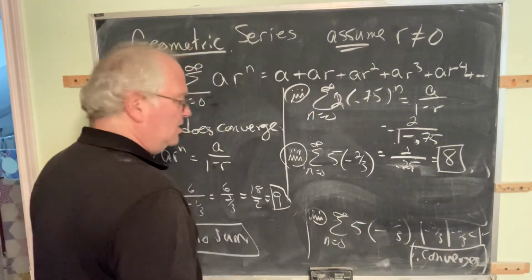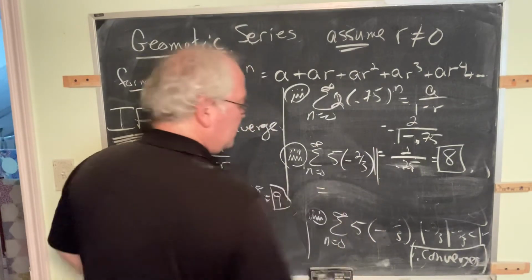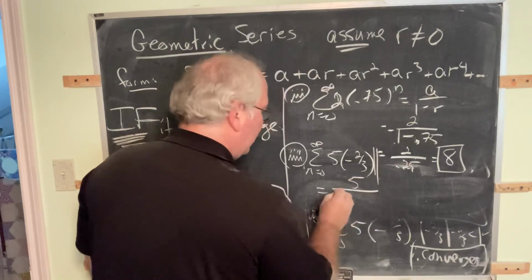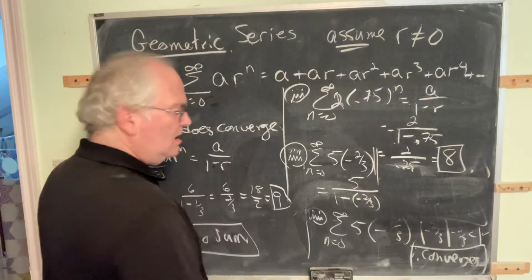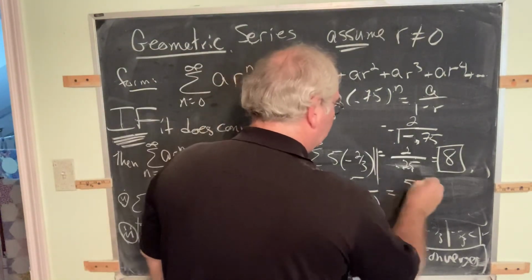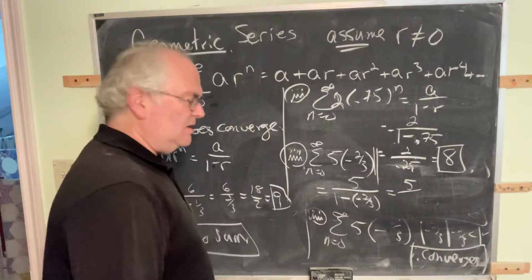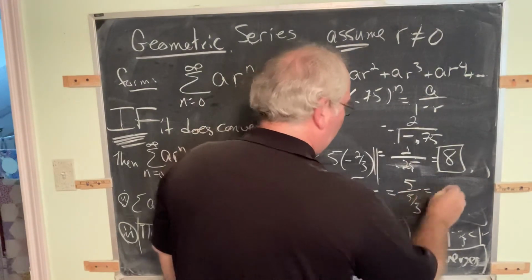It did converge, and so the sum is equal to A over 1 minus R. Be careful: 1 minus negative 2/3 is 1 plus 2/3. 3/3 plus 2/3 is 5/3. And that works out to be 3.